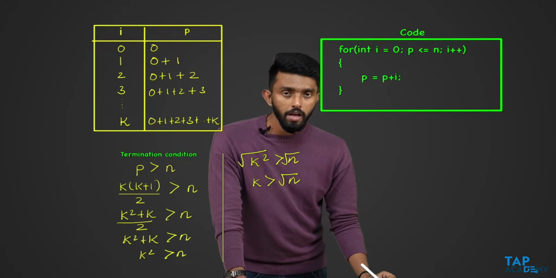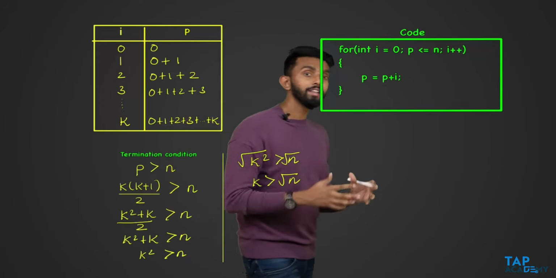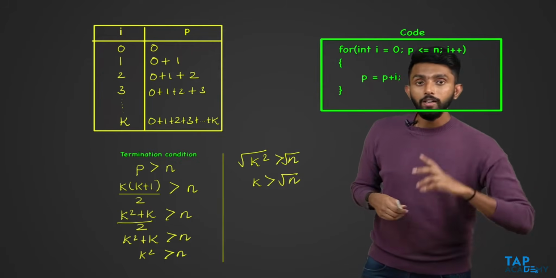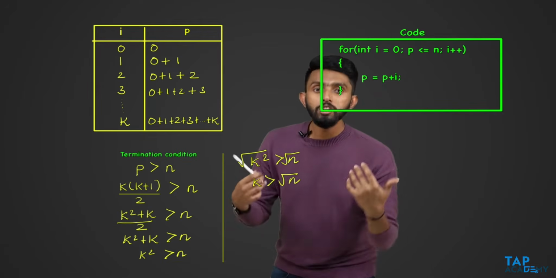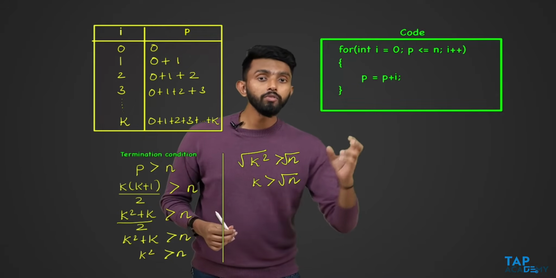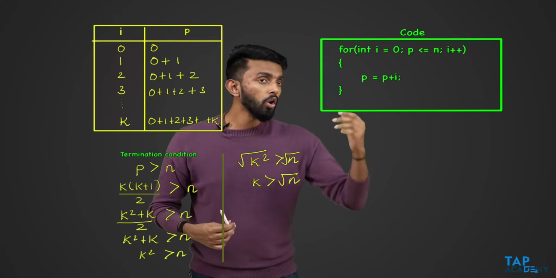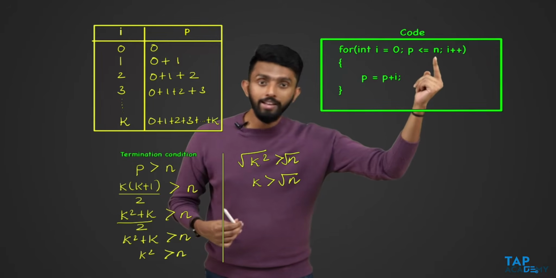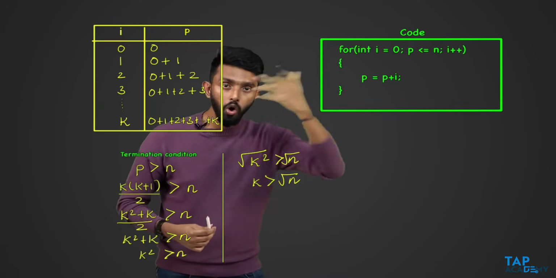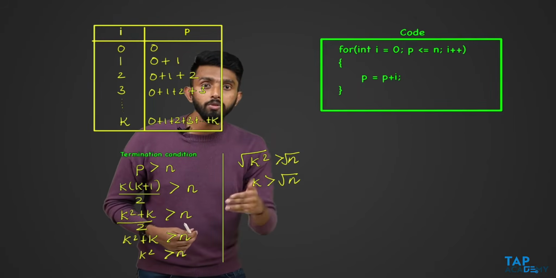Which means whenever you analyze time complexity, it must be expressed in terms of the input size. And tell me, the input size is always determined by n. N is the input size, not p, not k, which means I should not express it in terms of k or p.